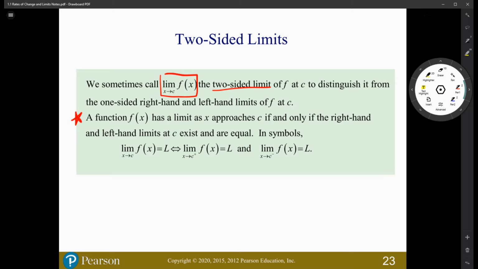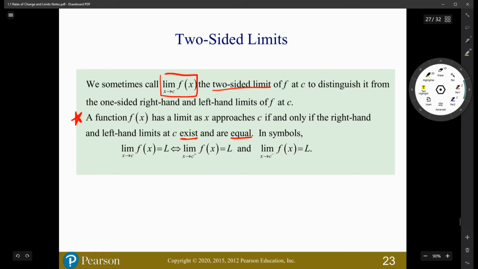It probably should be in its own space and pointed out as a big theorem. A function f of x has a limit as x approaches c if and only if the right-hand and left-hand limits at c exist and are equal.